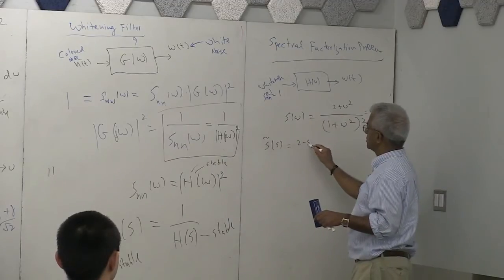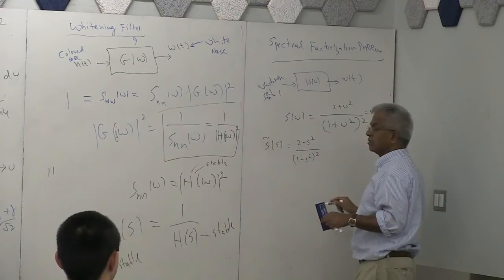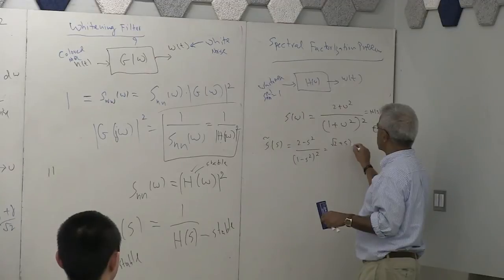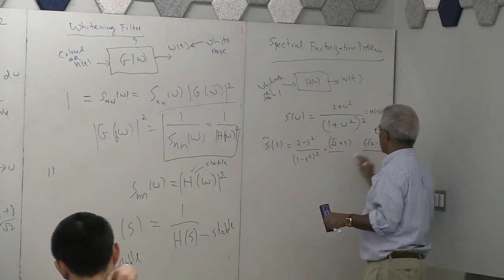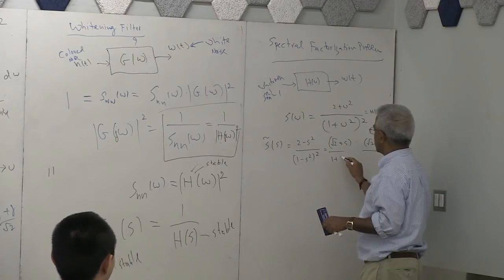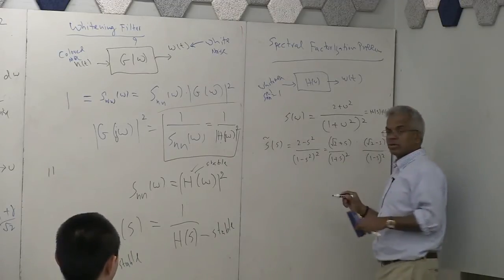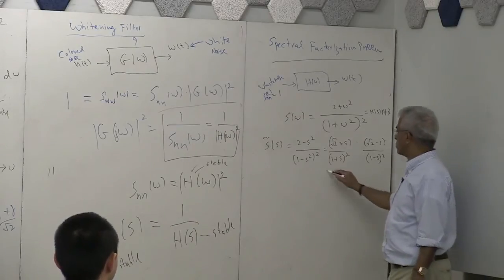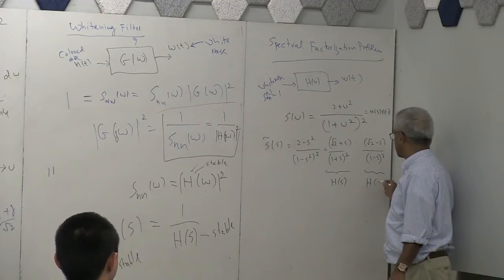So this is 2 minus s squared over 1 minus s squared, the whole squared. So you can factor this as square root of 2 plus s multiplied by square root of 2 minus s, and 1 plus s squared, 1 minus s squared, right? Because this is my h of s, then if I replace s by minus s, I should get this.